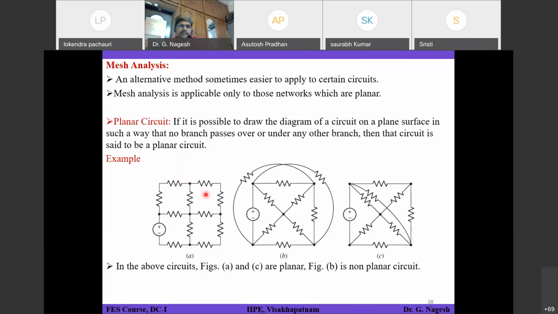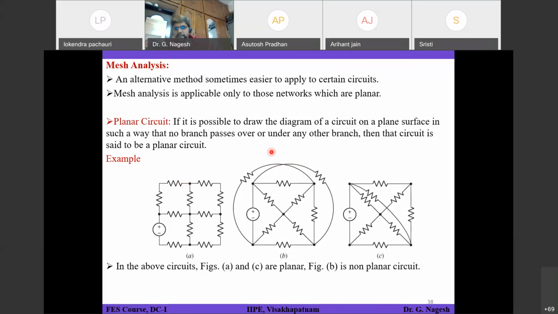What about figure B? Non-planar. If you see here, this is a point where one branch is overpassing or underpassing another branch. That means one overlap is going to take place, one over the other. So that's why it is non-planar.